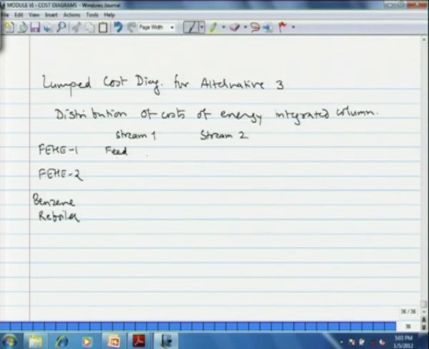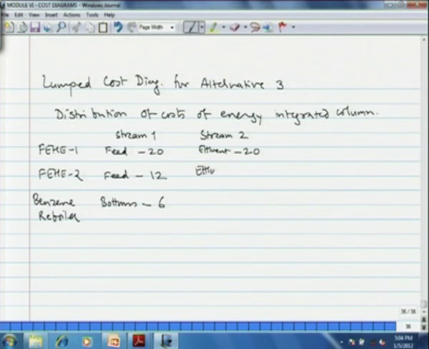Feed 20, feed 12, bottoms 6, stream 2, effluent 20.